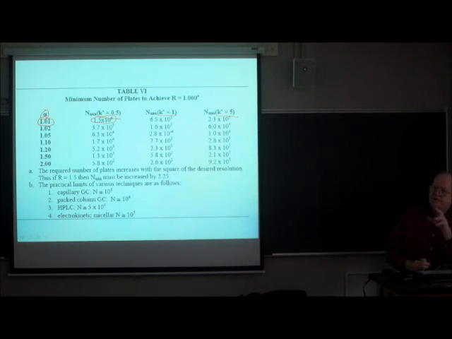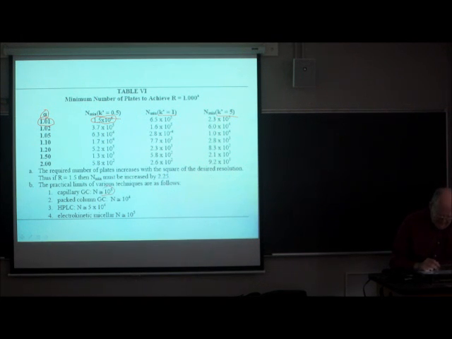If you were doing very high resolution capillary gas chromatography, yes, you could generate 200,000, 300,000 plates. It would probably take you a couple of hours on a very long column under absolutely optimized conditions to do that. If you had 100 samples to run, you'd be up the creek without a paddle. You'd be in trouble.